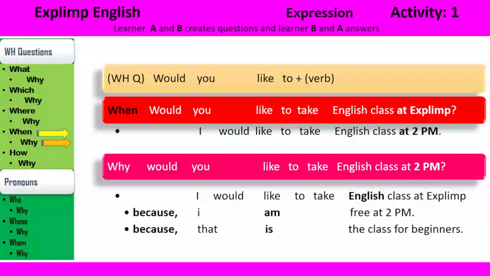Or you could say because that is the class for beginners. So maybe you want to take admission in the beginner class at 2 p.m. There is the class for beginner, and that is the reason you want to take admission there at that time.